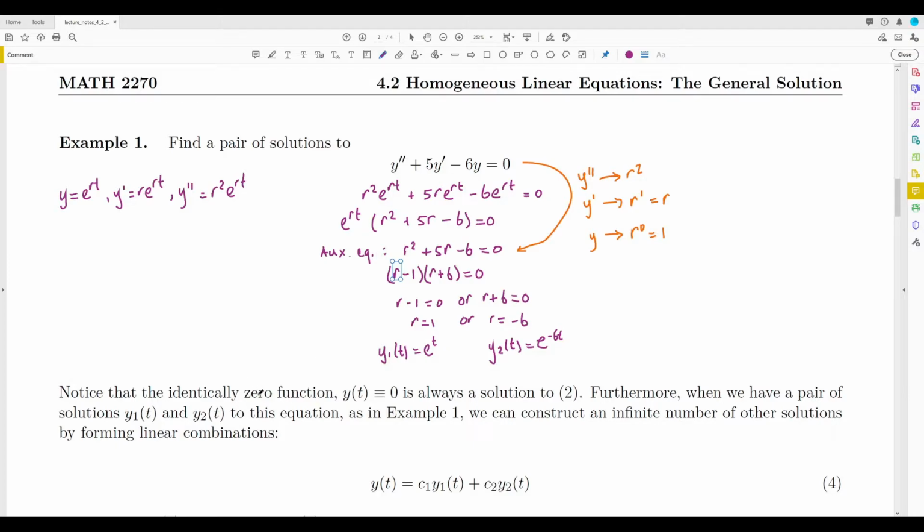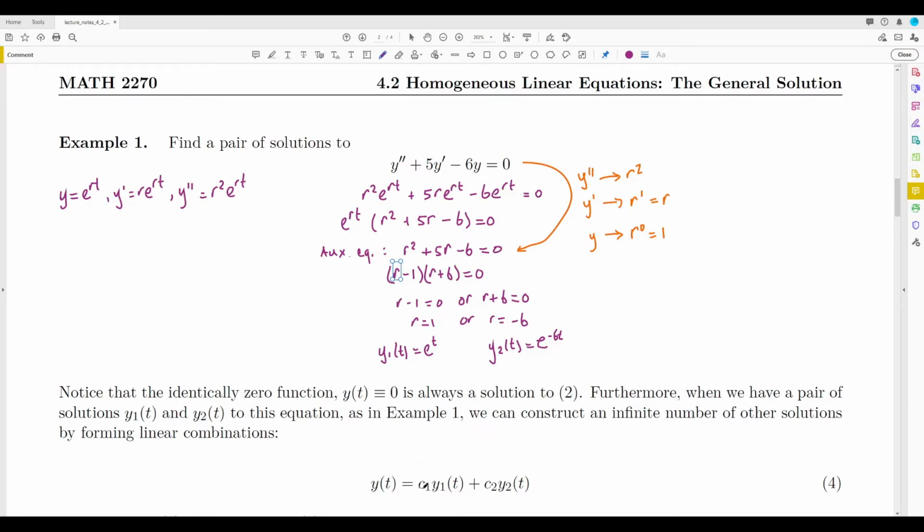Now, we should note that the function that's identically equal to 0 is always a solution to this differential equation. Furthermore, when we have a pair of solutions, y1 and y2, like here, we can construct an infinite number of other solutions by forming linear combinations of these two.